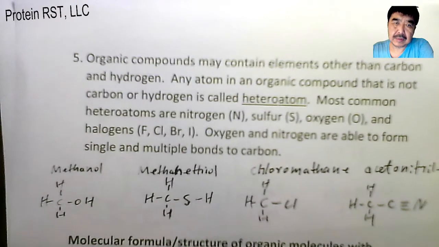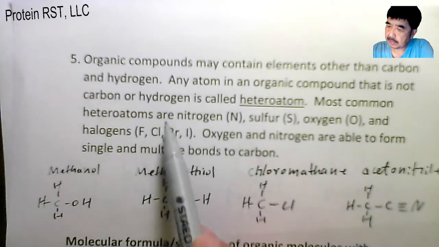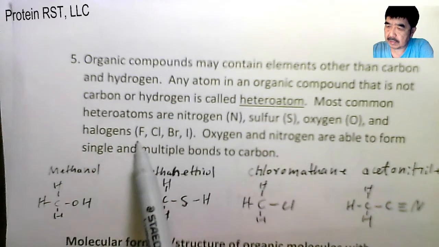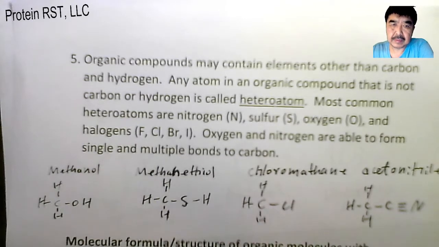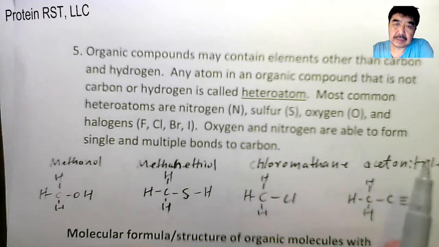Any atom in an organic compound that is not carbon or hydrogen is called a heteroatom. The most common heteroatoms are nitrogen, sulfur, oxygen, and halogens. Halogens include fluorine, chlorine, bromine, and iodine. Also, oxygen and nitrogen are able to form single or multiple bonds to carbon.